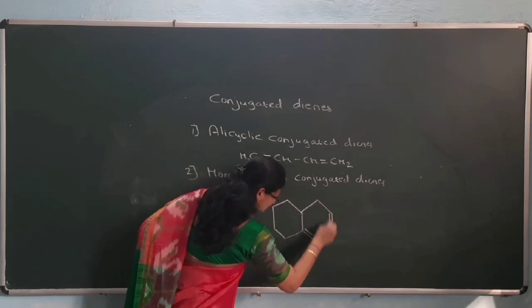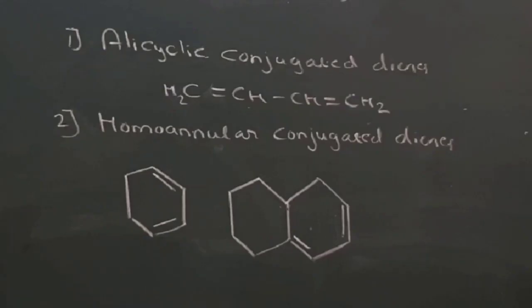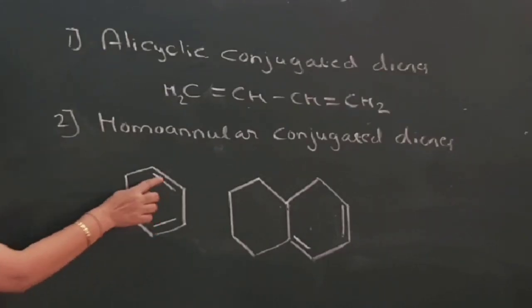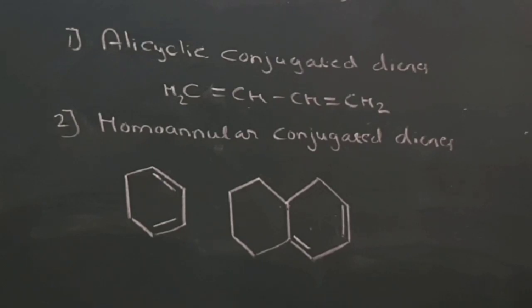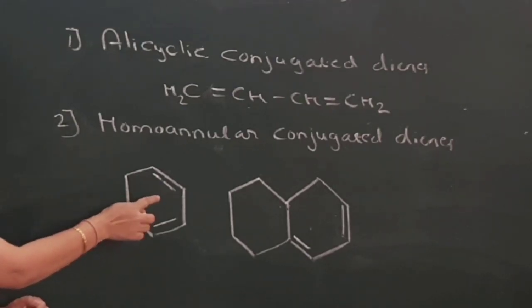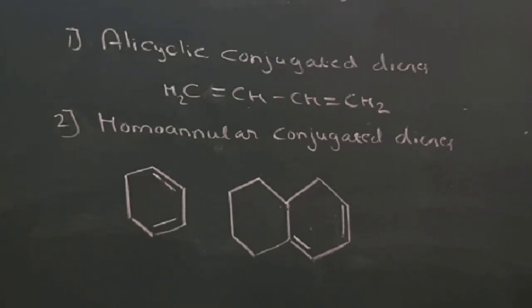You can see here these are the double bonds, they are present in the same ring and they are in conjugation. Such dienes are called homoannular conjugated dienes.